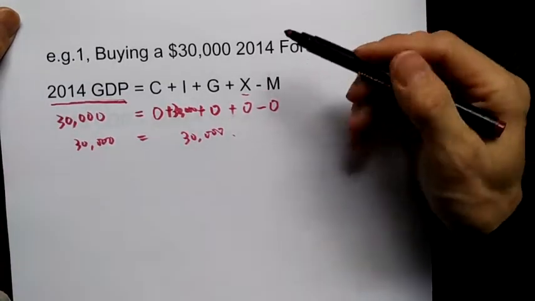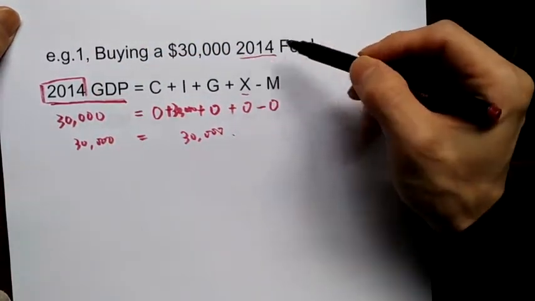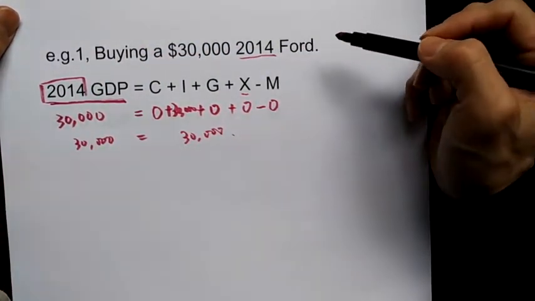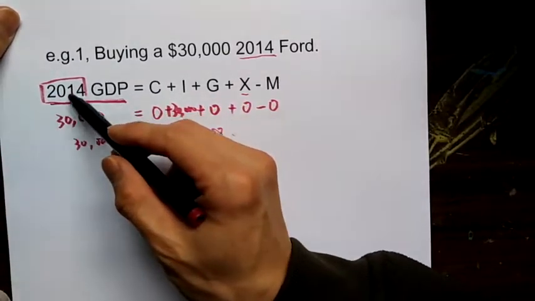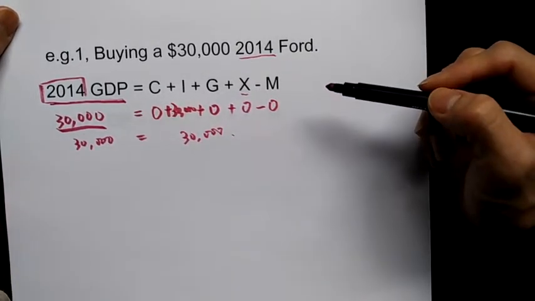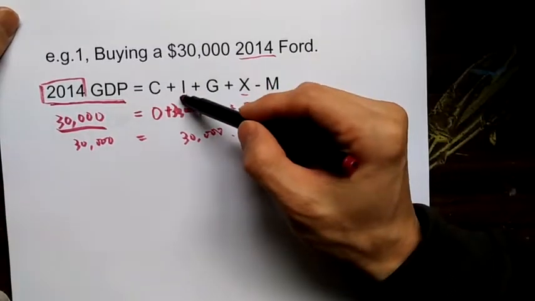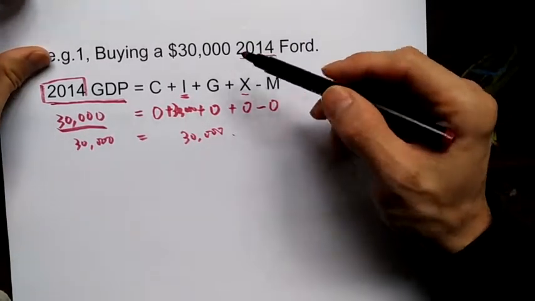Let me say it again. In 2014, this car was produced in the United States by Ford. Therefore, it is included in 2014 GDP. Under which category? The answer is investment, because it was not sold, it is in the inventory.